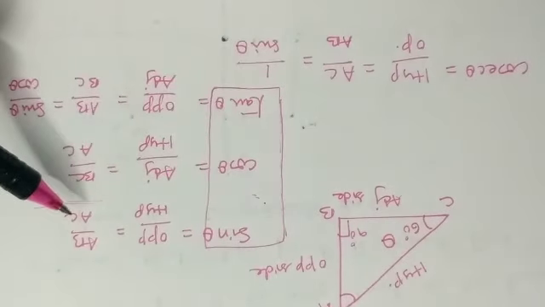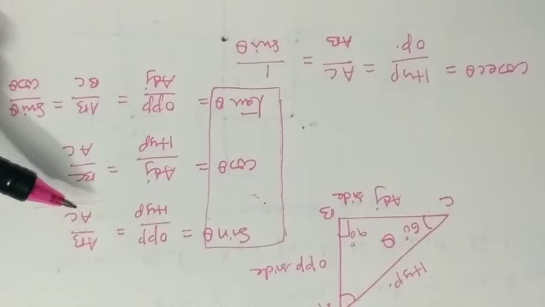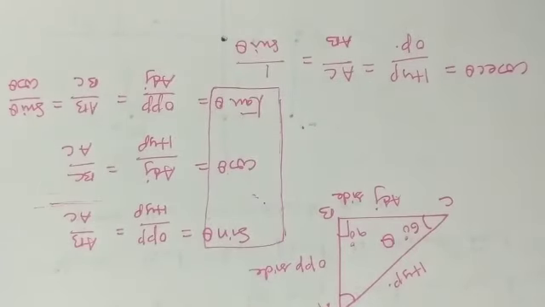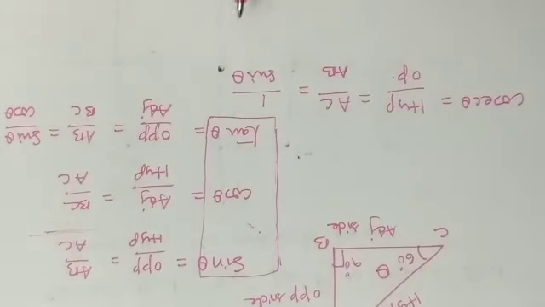If you take the reciprocal of sin theta, it becomes cosecant theta. In cosecant theta, if you take the reciprocal, it becomes sin theta. Which means cosecant theta is the multiplicative inverse or the reciprocal of sin theta.